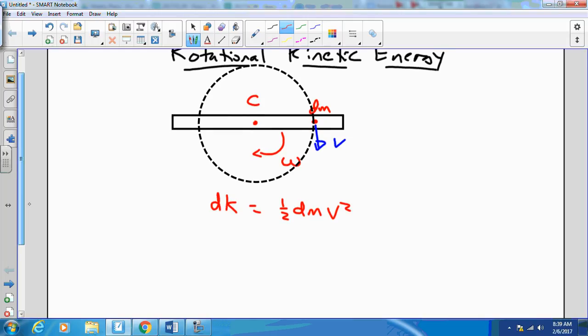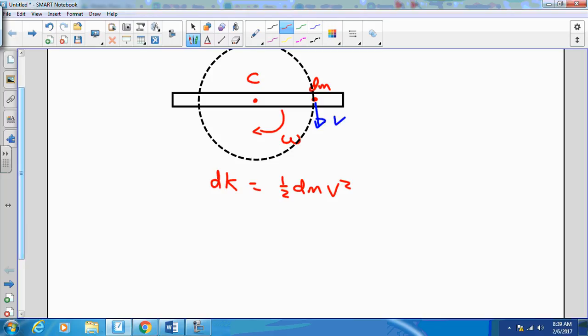Now, this is useful and we can integrate it. If we integrate over all dm's, then we get that K equals the integral of 1/2 dm v squared, summing up all the kinetic energy of the pieces.